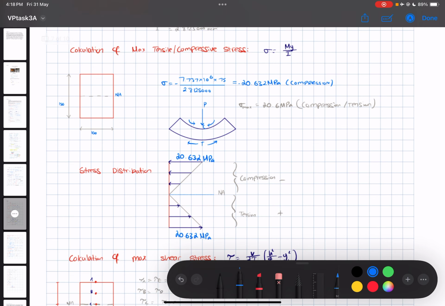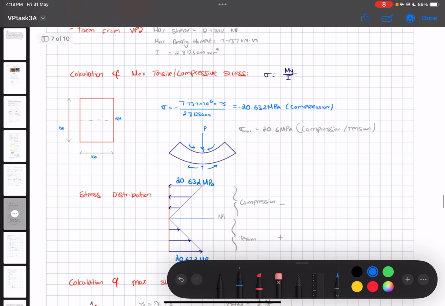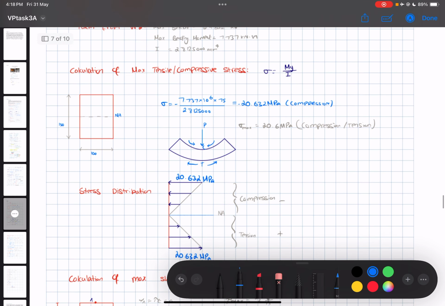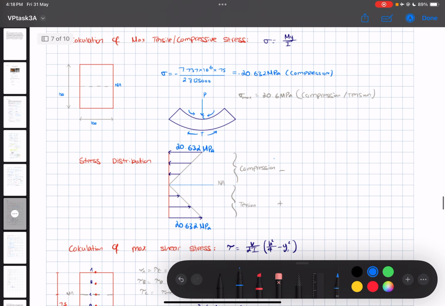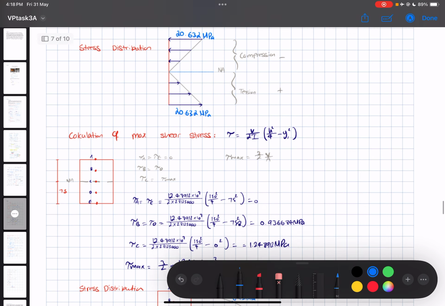Keep in mind that due to the symmetry of the shape, the compression at the top will be equal to the tension at the bottom. So the maximum bending stress for this one would be 20.6 megapascal. I've rounded it to 20.6 megapascal, and I've done a stress distribution graph at the bottom.